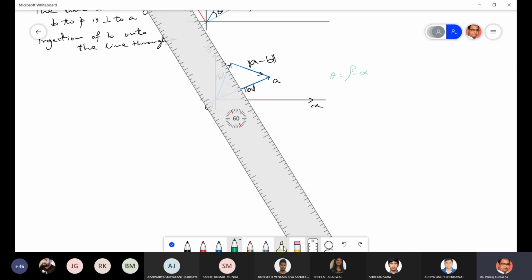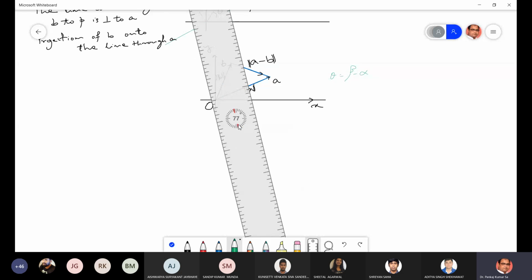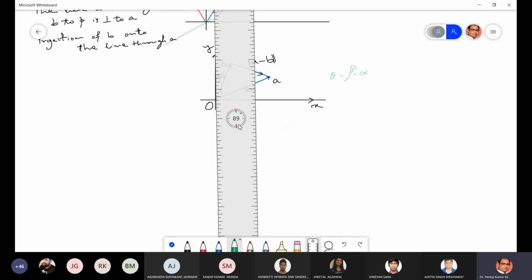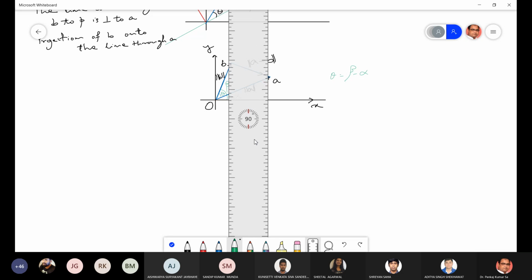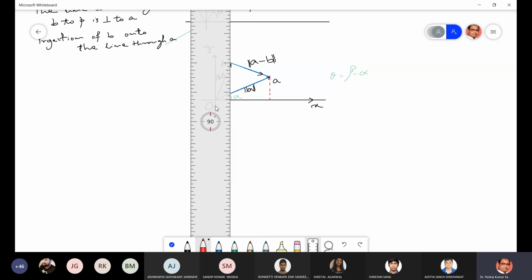Now let me draw two perpendicular lines, one from here and another from here.